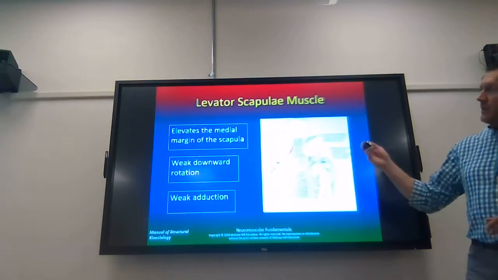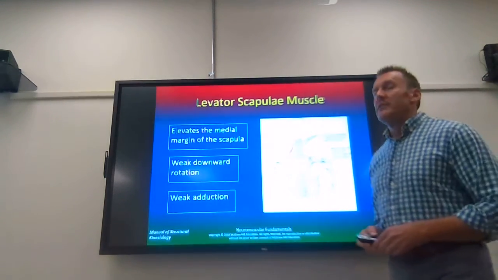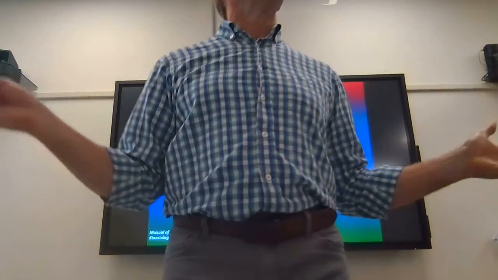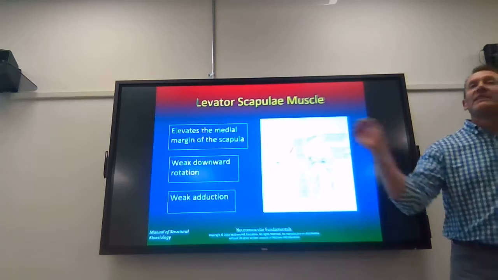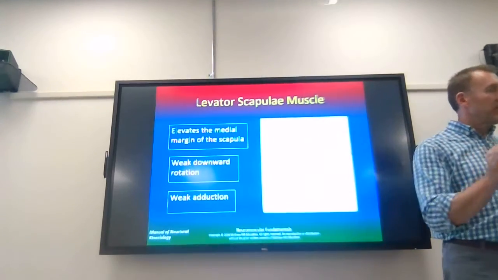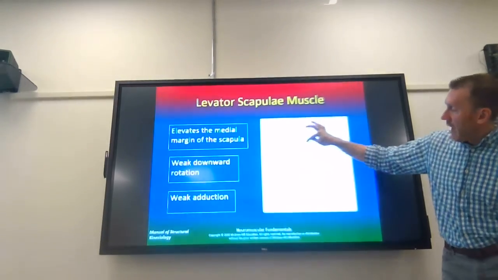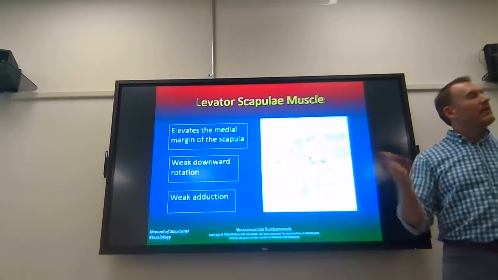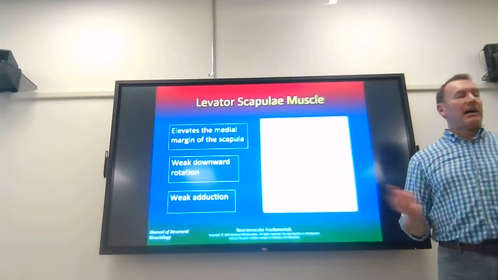Okay, so levator scapula. Site of origin, what's it going to be? It's going to be on the axial somewhere. It's going to be on the transverse processes of the first four cervical vertebrae. You can see right here, little dots. It's O, which means origin, but could you recognize that?